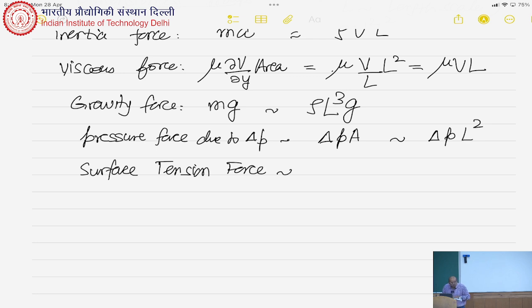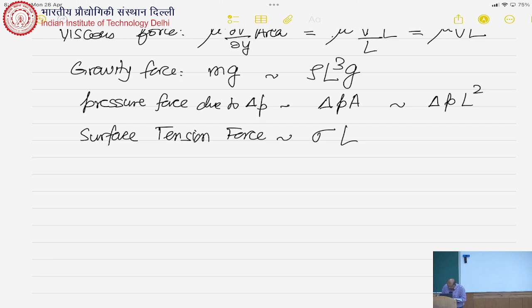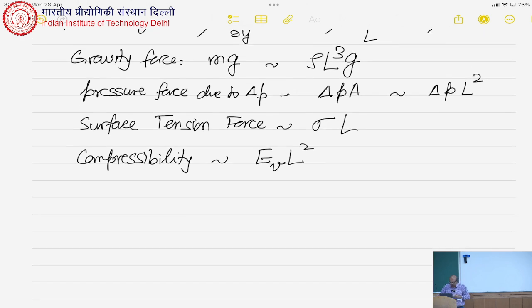The force due to surface tension, this will be sigma times L. So this is obvious. Now this we have not done, but if the flow is compressible, then we have a bulk modulus, and force due to compressibility is EV times area.